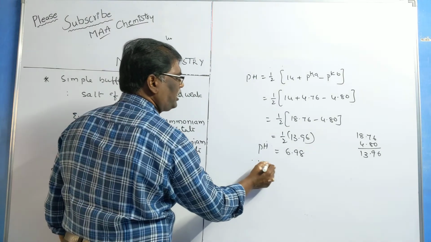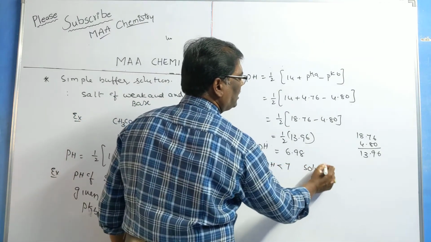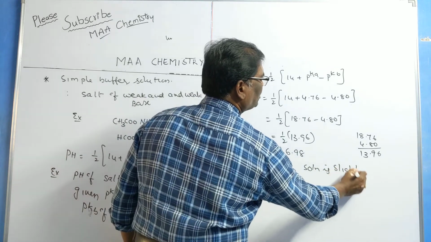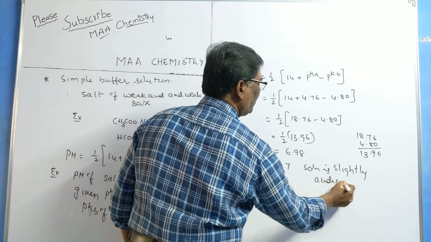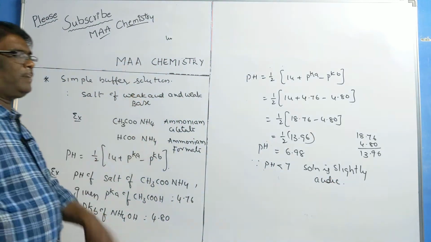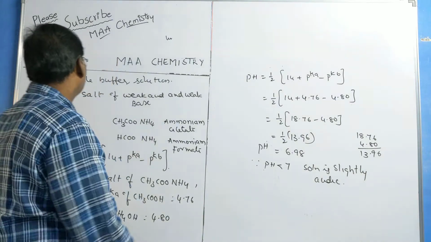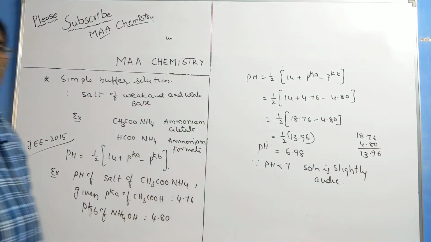Since pH is less than 7, the solution is slightly acidic, weakly acidic in nature. Thus we calculate the pH. This model question was asked in JEE 2015.